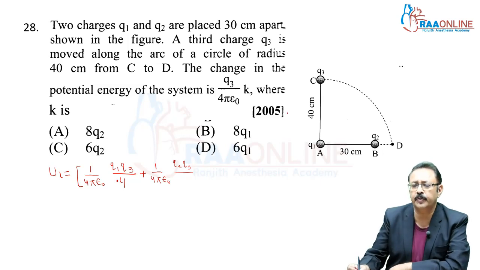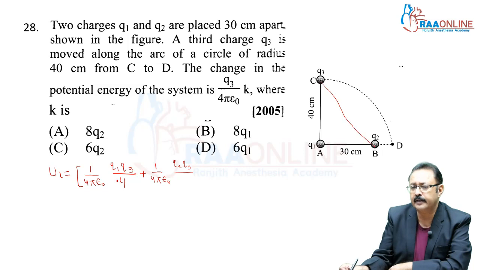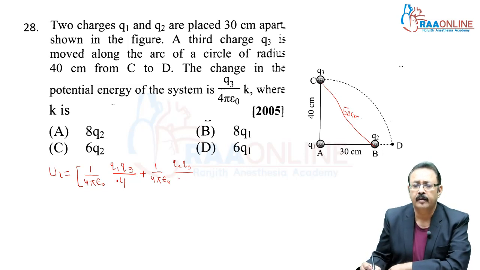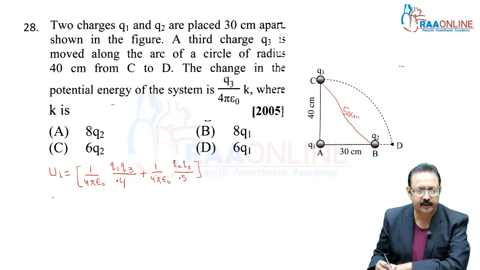For the distance, you can use Pythagoras. One distance is 30 and the second is 40, so it should be 50. Distance 50 centimeter means 50 upon 100 meter, 0.5 meter. This was the initial potential energy due to these two systems of charges.